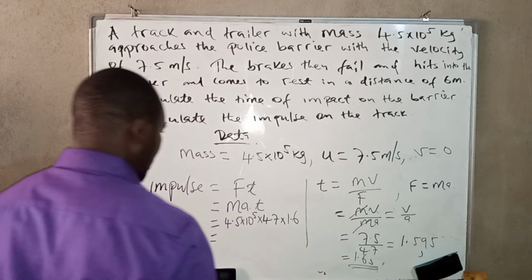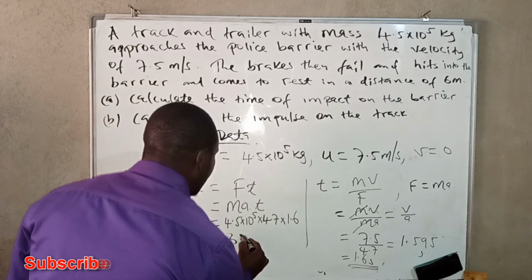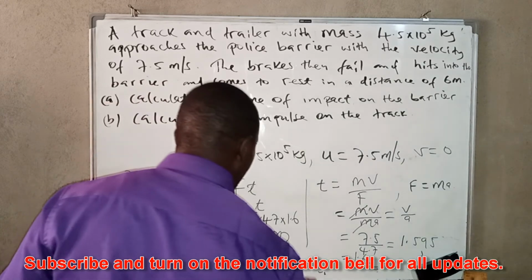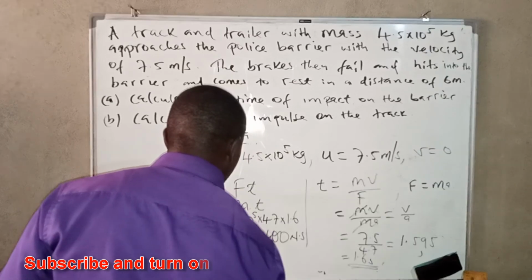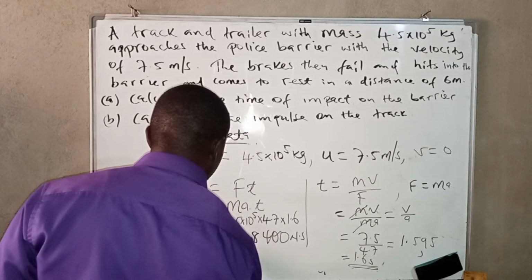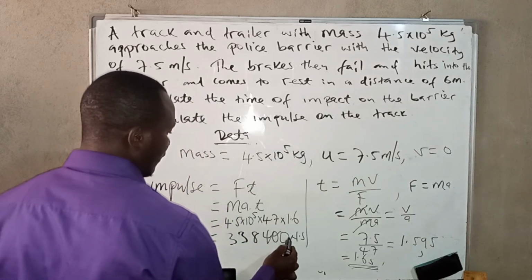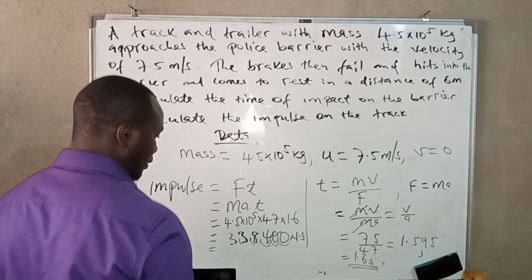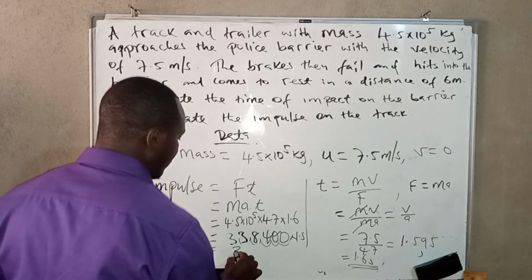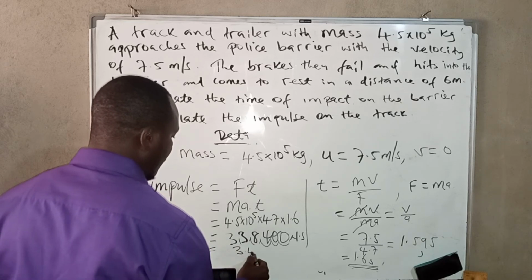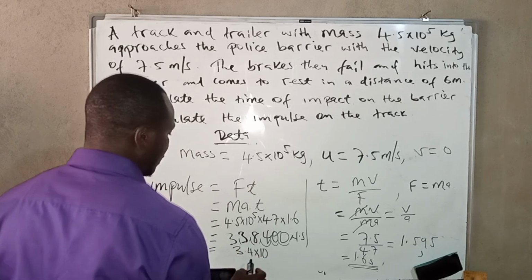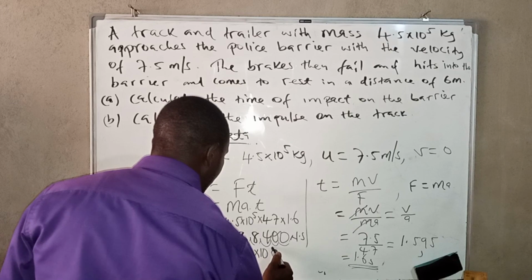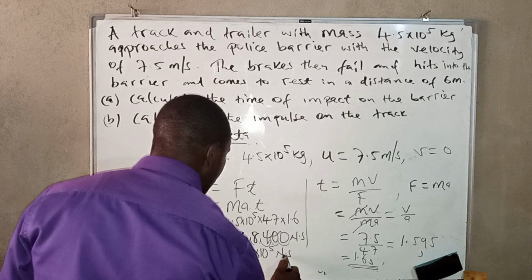So punching this on a calculator, we are going to have 338400 Newton second, which can be given also as, so here we have 1, 2, 3, 4, 5. When we express it in standard notation, we're going to have 3.4 times 10 to the power 5 Newton second.